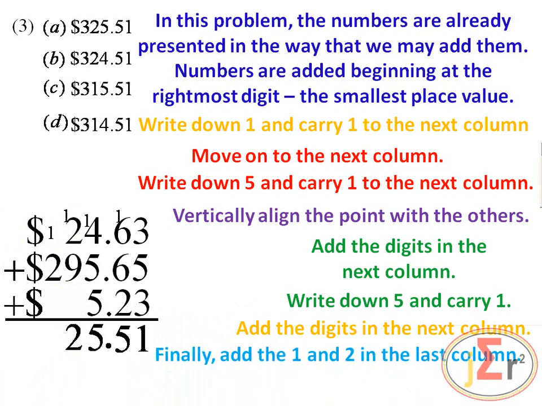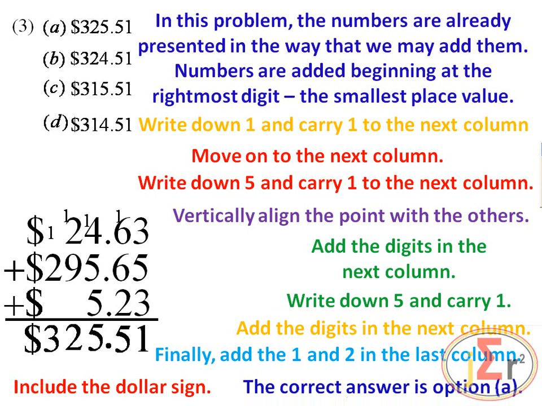And finally, add 1 and 2 in the last column. What do we get? 3. Include the dollar sign because we are dealing with currency. So because we are handling money, the dollar sign is very important. The correct answer is option A.